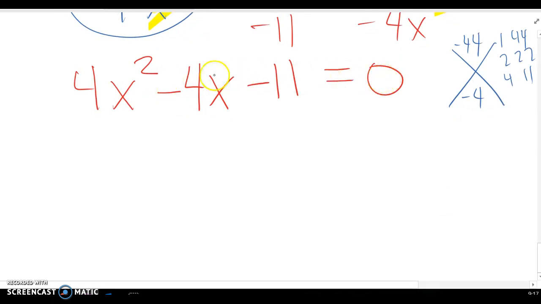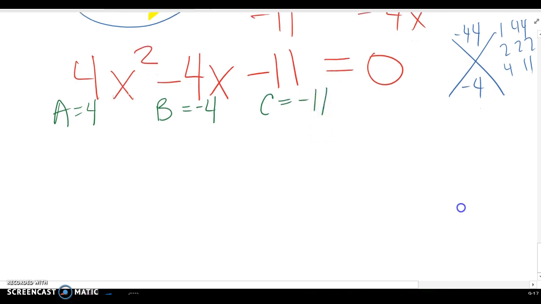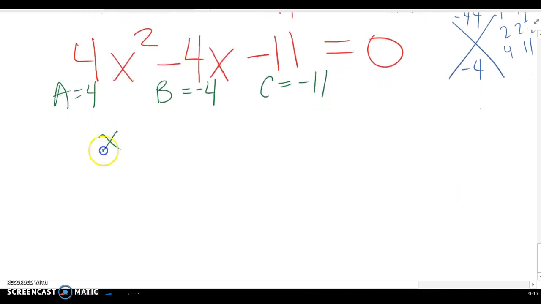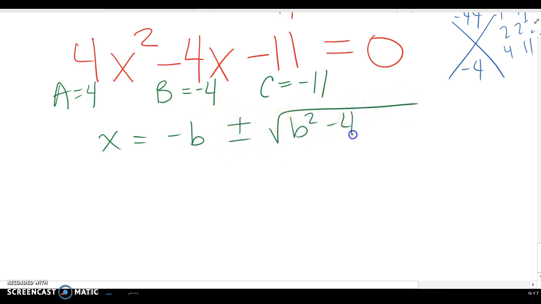Looking at the standard form, the A value is 4, the B value is negative 4, and the C value is negative 11. So that's what I'm going to use to substitute into the formula negative B plus or minus the square root of B squared minus 4AC, all divided by 2A.